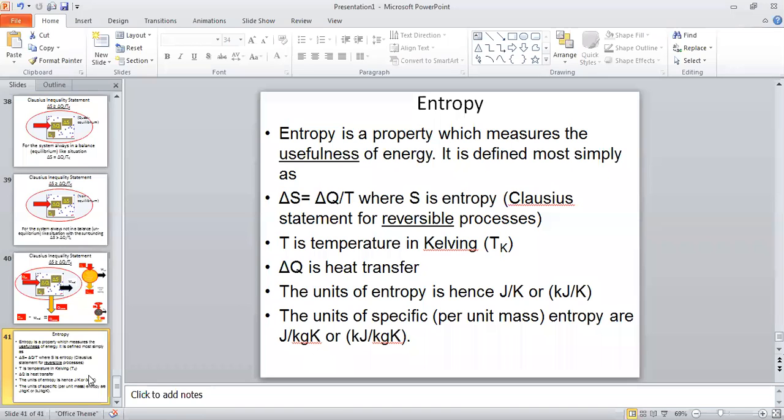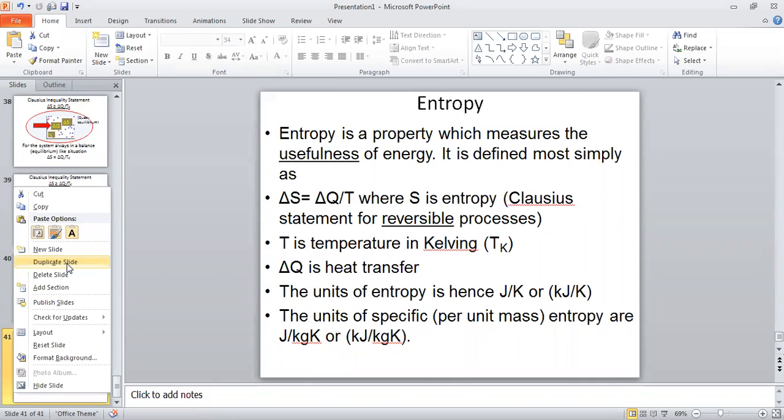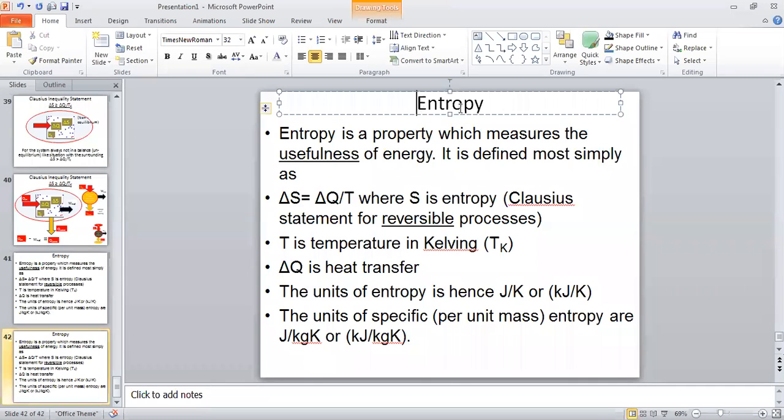So I will again explain to you about isentropic, meaning a constant entropy process, or unchanging entropy.